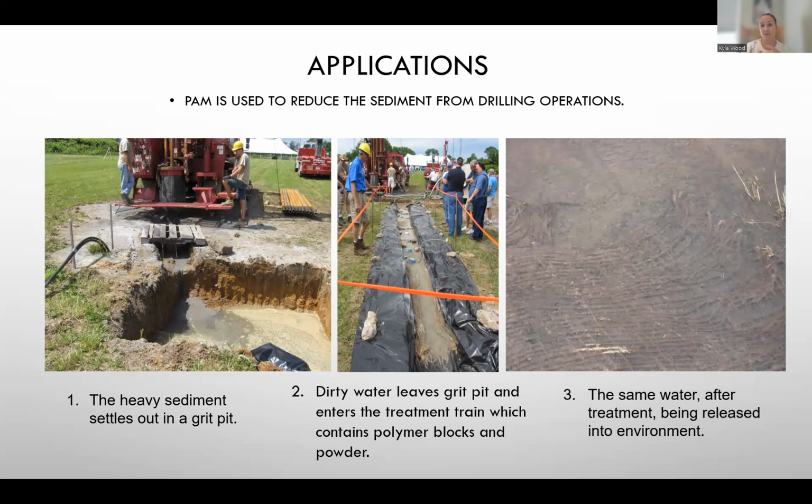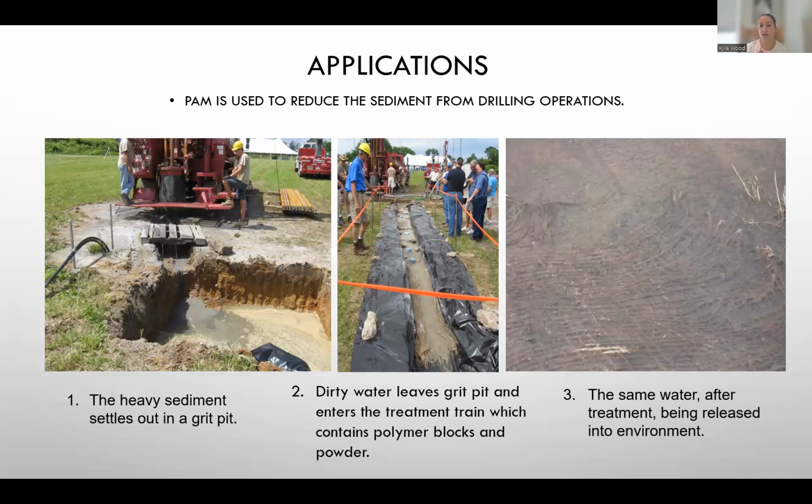Typically our rule of thumb is 4% solids, which I think is about 40,000 NTUs. Almost 95% of the samples that we get are somewhere in the hundreds to thousands of NTUs.